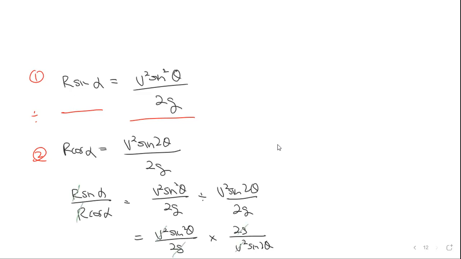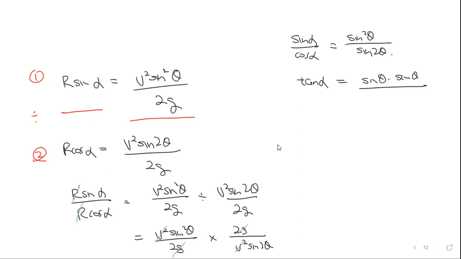In other words, I'm going to get sine alpha over cos alpha equals sine squared theta over sine 2 theta, which of course can be written as tan alpha, because sine over cos is tan, equals sine theta times sine theta over 2 sine theta cos theta. And you can again see that sine thetas cancel, which means you'll get half times tan theta, and therefore 2 tan alpha equals tan theta as required.